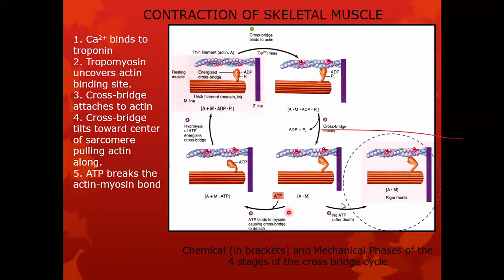Upon binding to myosin, this will slide. Your actin is brought along when the cross bridge head tilts towards the center. Your ADP has already released the phosphate because it has been used already.